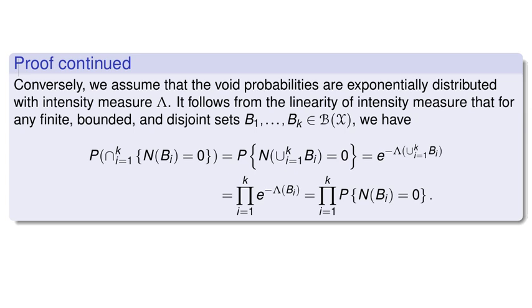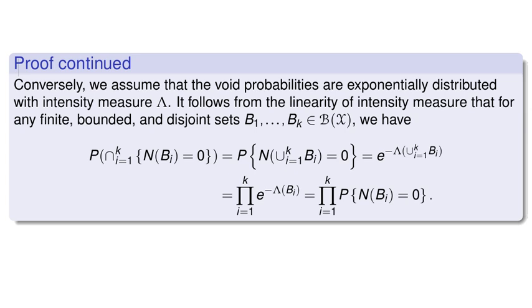So the probability that n of A equals 0 is e to the power minus lambda of A. It follows from the linearity of the intensity measure lambda, where lambda of a union of disjoint sets is the sum of their lambdas, that for any finite collection of bounded and disjoint sets B1 through Bk in script B of script X, we have the probability of the intersection from i equals 1 to k of the event n of Bi equals 0 is equal to the probability that n of the union from i equals 1 to k of Bi equals 0.